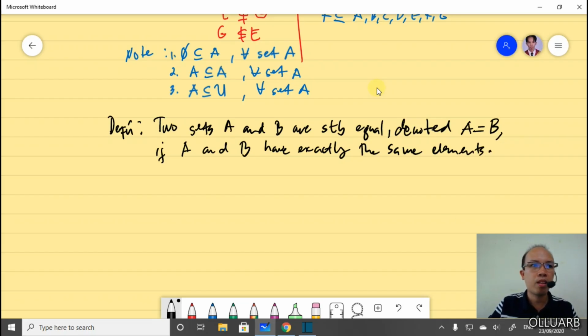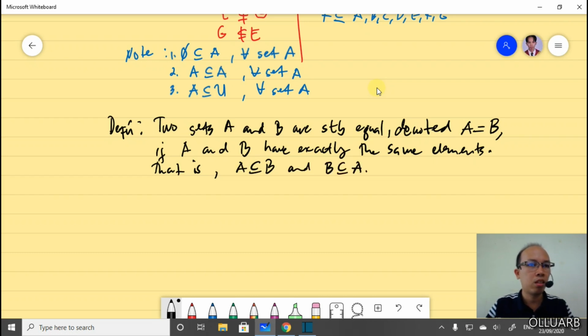That is, A is a subset of B, and at the same time B is a subset of A. So remember the conjunction here.